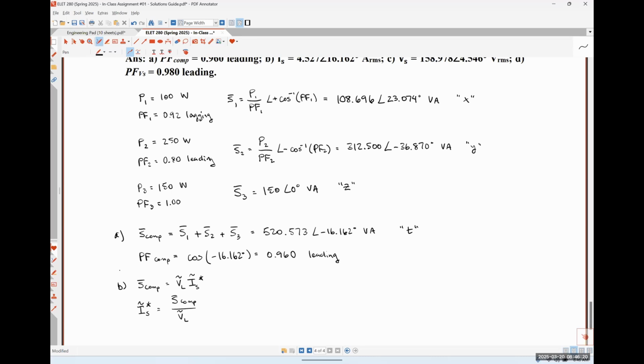If I just take the conjugate of both sides, I will wind up getting rid of that conjugate, and I'll be left with a conjugate over here. And recall from a few minutes ago when I talked about taking the conjugate of a fraction, that's the same thing as taking the conjugate of the numerator over the conjugate of the denominator. So I'm just going to choose to write this as S composite conjugate over VL conjugate. So what is S composite conjugate going to be?